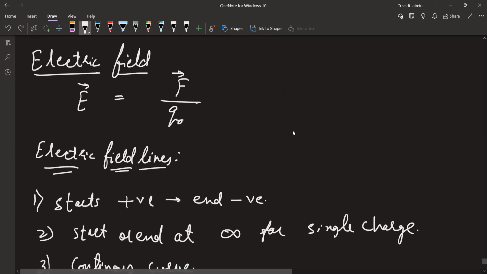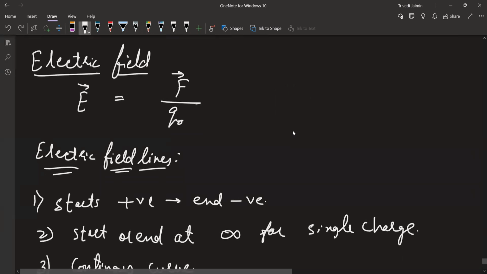Now, electric field intensity is given by force per unit charge. The intensity of the electric field is given by force per charge, F by Q.